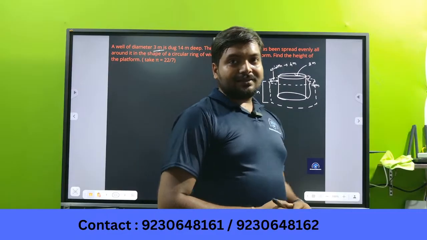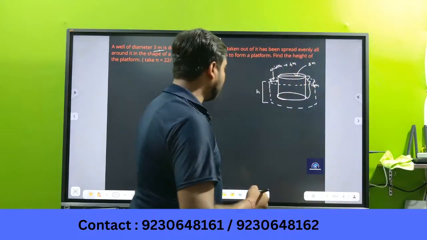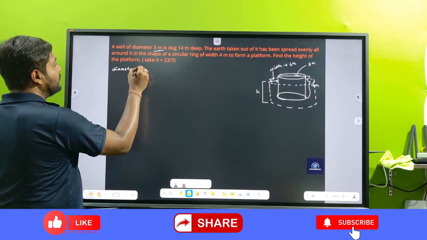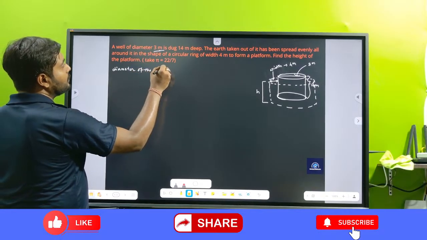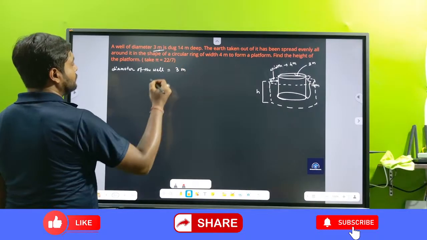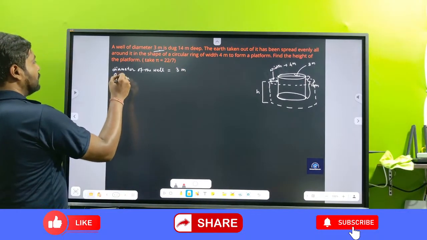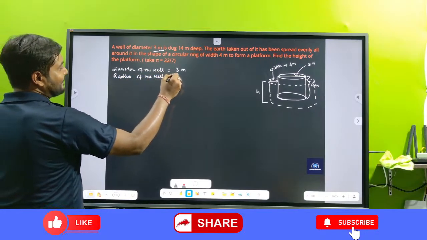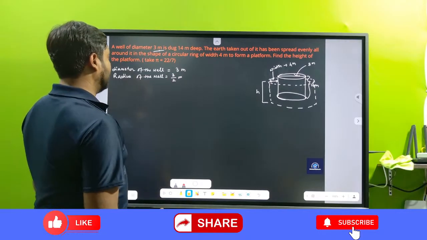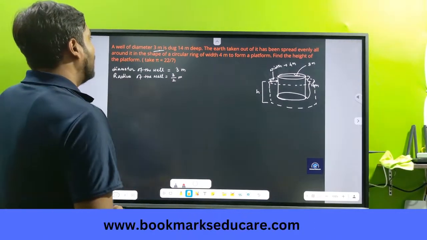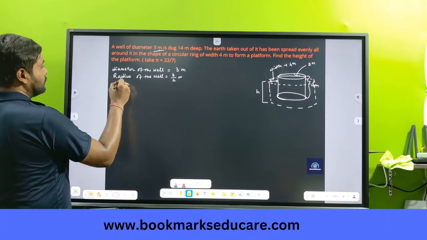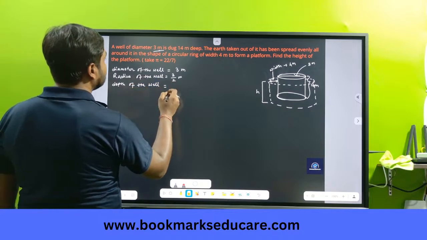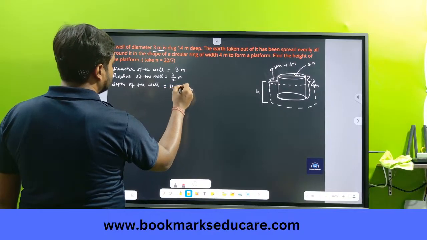So the earth is taken out from the well. First, diameter of the well is 3 meter. Radius of the well is 3/2 meter. And the depth equals 14 meter.